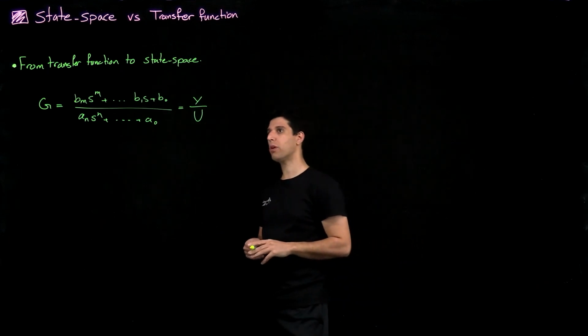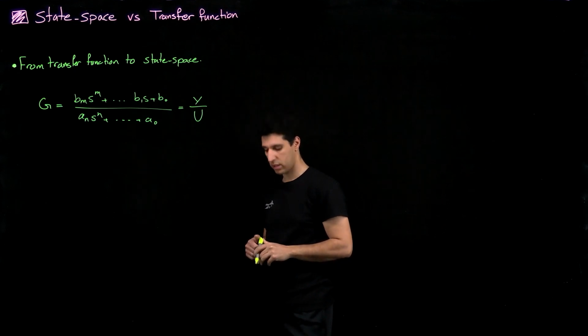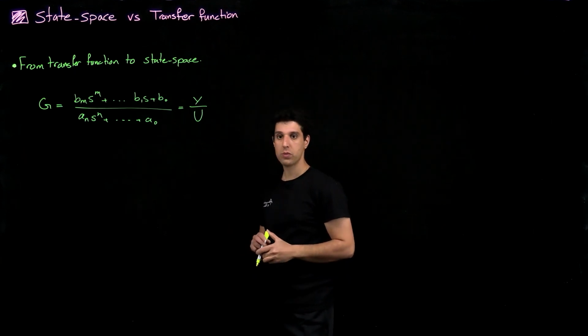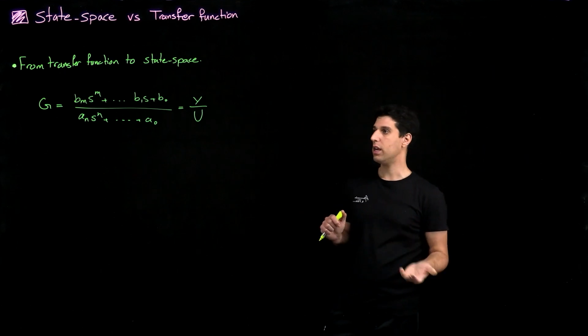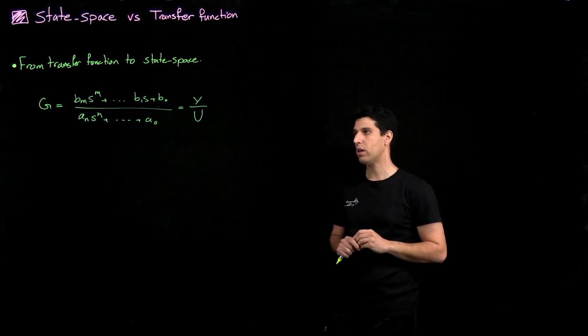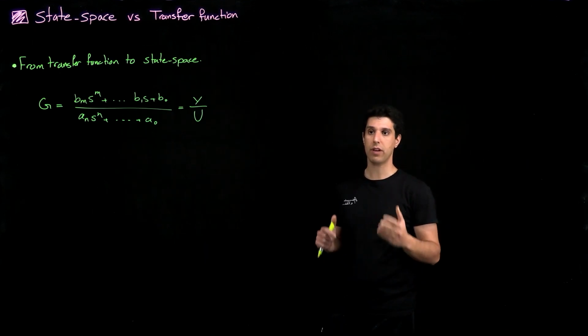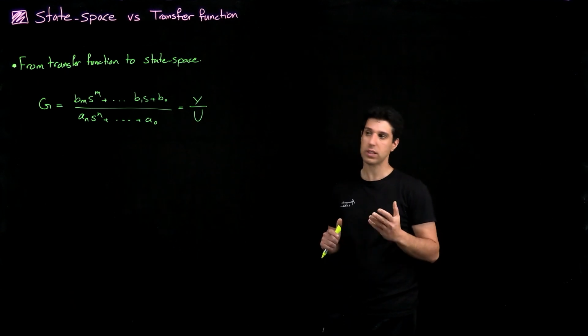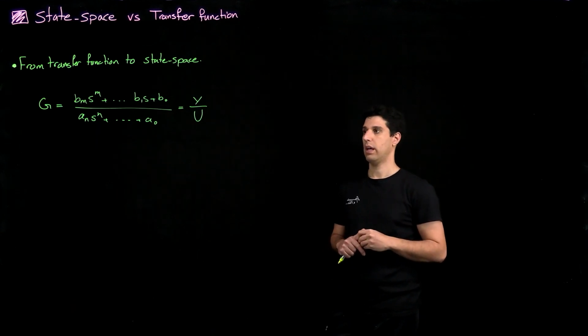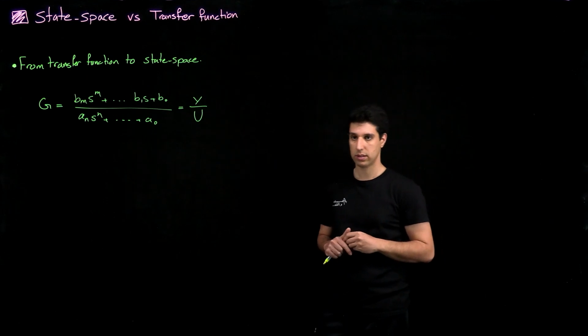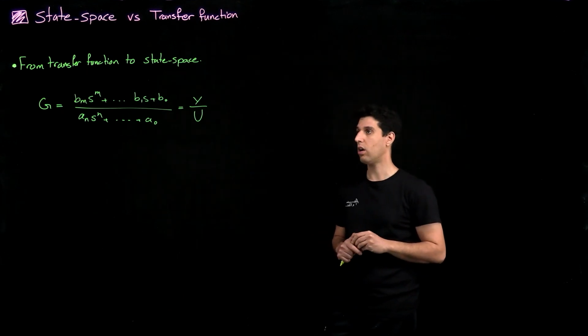And that is problematic because in many situations we have seen, we like to look at the impulse or step response, and if the input is, for instance, a step, its derivative would be infinite. So that can cause some complications.